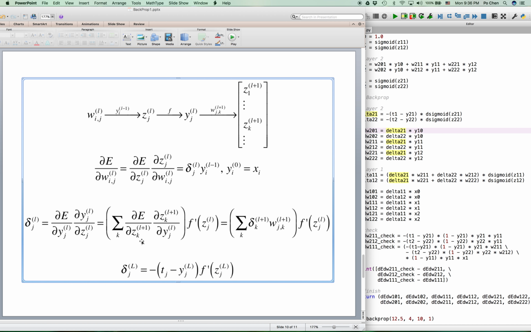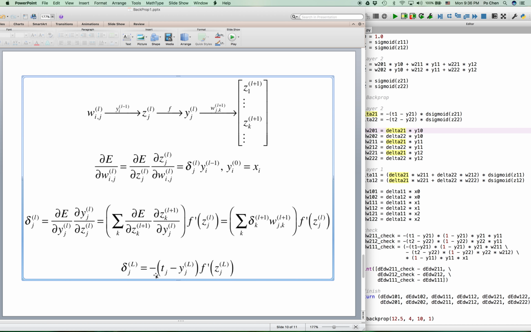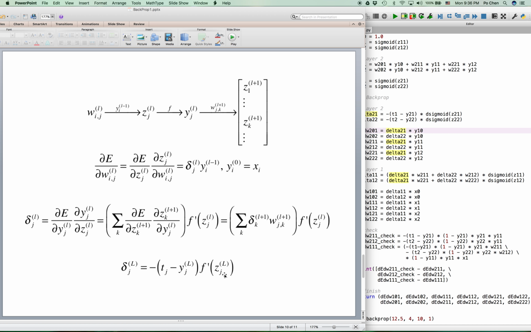We must start with the deltas for the top layer. Here, capital L equals 2 for our simple neural network, right? And we actually have 2 deltas to compute because the subscript j has only 2 values, 1 and 2. We only have t1 and t2, so j goes from 1 to 2.